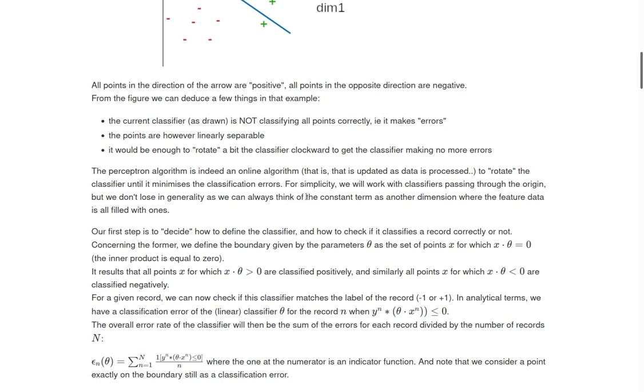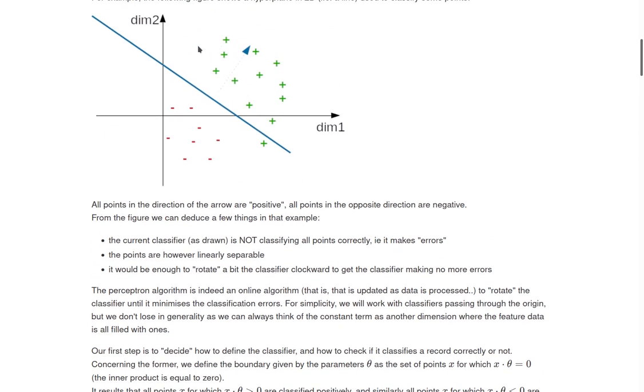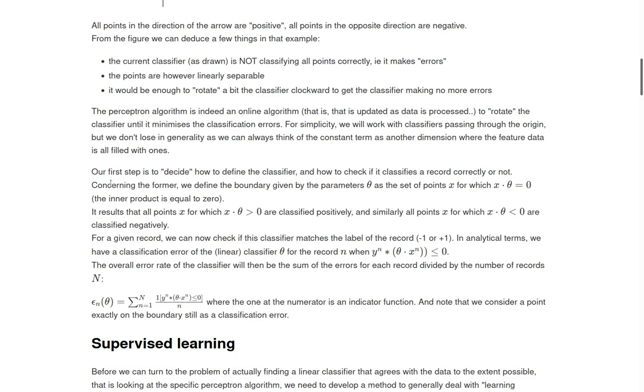So our first problem is to decide how to define the classifier, how to parameterize this hyperplane. And then the second problem is how to decide if it classifies a record correctly or makes classification mistakes. Concerning the former, the way we parameterize the hyperplane, we define the boundary given by some parameters theta as the set of points x for which the dot product between x and the parameter theta, which are 2 vectors of the same length, is equal to 0.